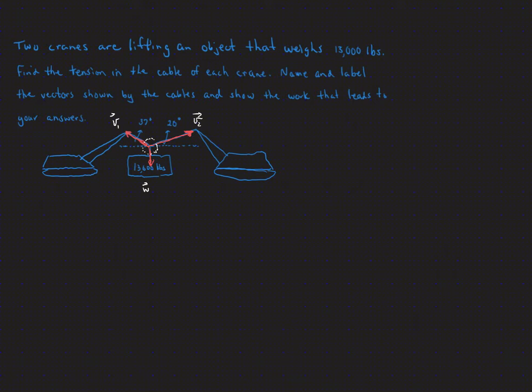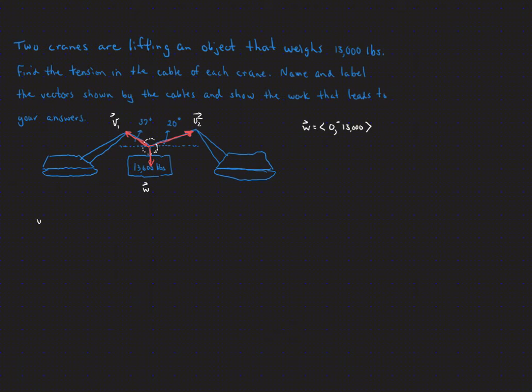We're going to break these into their components. So we know, for example, the weight component is going to be 0 in the horizontal, and all 13,000 pounds of force are going to be in the vertical direction. Since it's going down, that's going to be a negative 13,000.